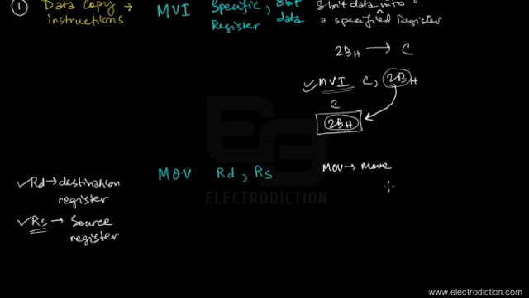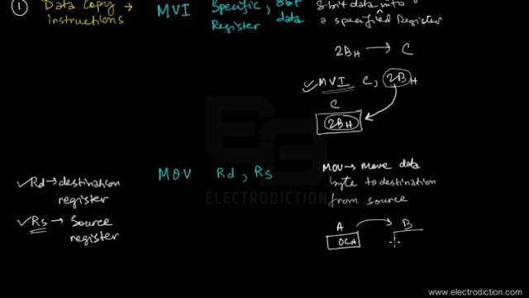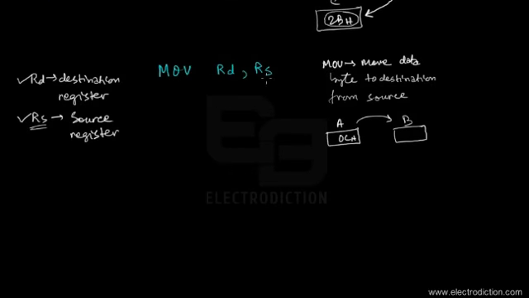So this instruction says move the data byte to destination from source. Let's say you have the register A containing a data byte of, let's say, 0CH, and you want to load this data byte into the register B, which is currently empty. So what do you do? You use this particular instruction here.